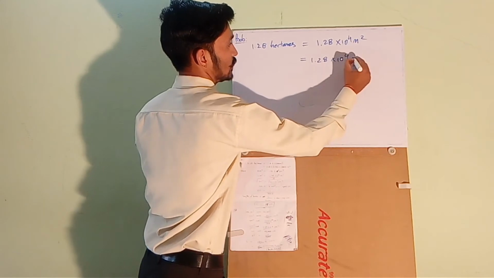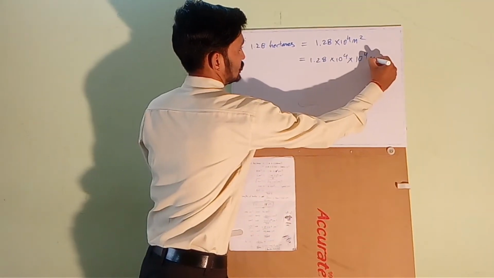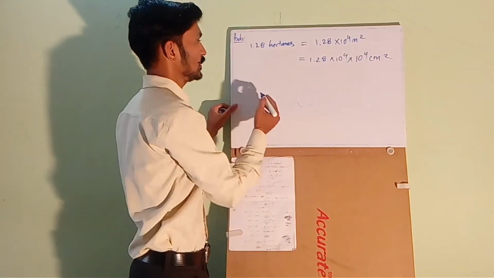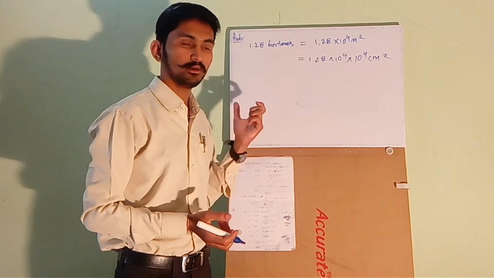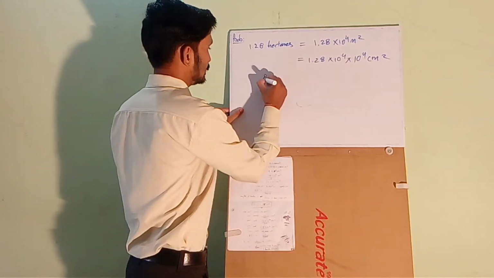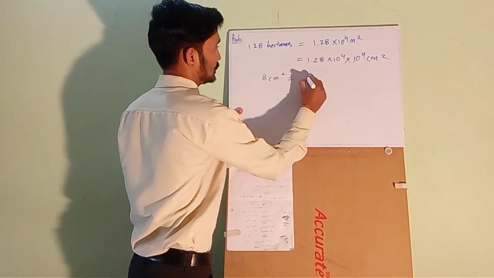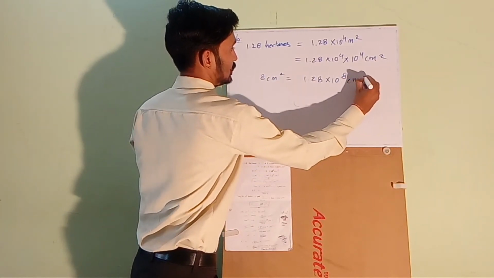This is centimeter square. And according to the question, 8 centimeter square on map is representing that much area of land. So 8 centimeter square is representing 1.28 into 10 to the power 8 centimeter square.